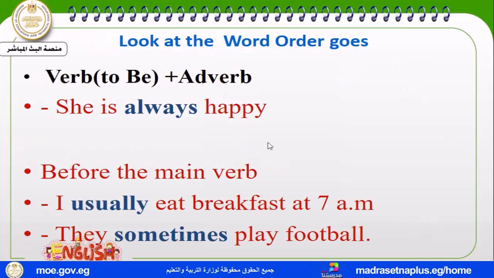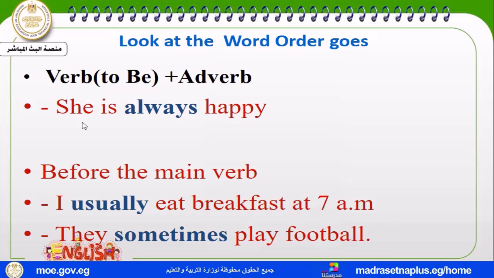Now, let's look at the sentence and see how we order it with adverbs of frequency and where each word comes. If we have a sentence with the verb to be, which is am, is, or are, we use adverbs of frequency after the verb to be, not before it.